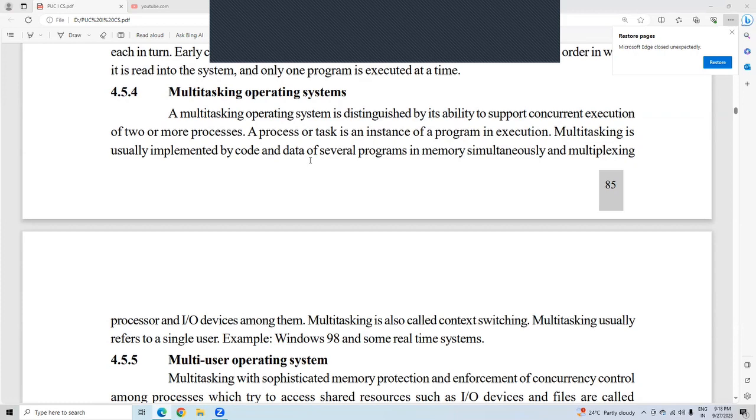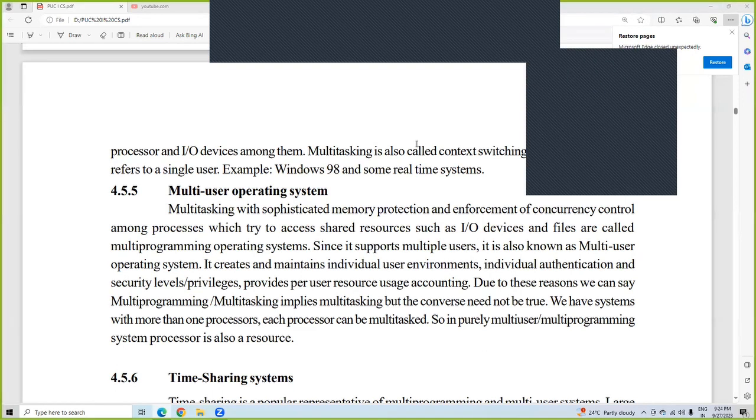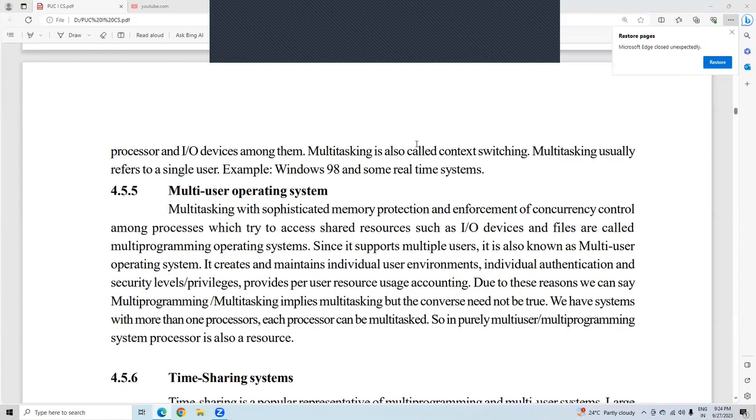Multitasking is also called context switching. Multitasking usually refers to a single user. Windows 98 and some real-time systems come under multitasking, right? So a multi-user operating system, as the name itself says, will work for multiple users.